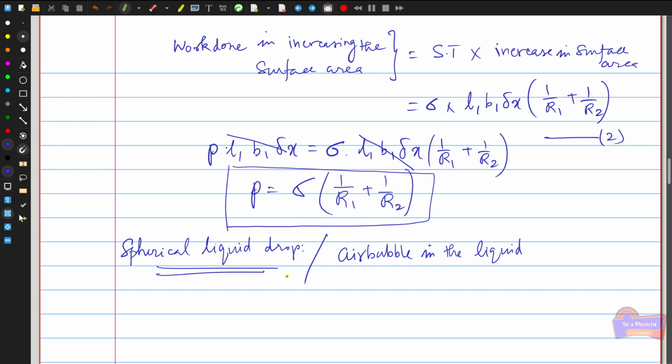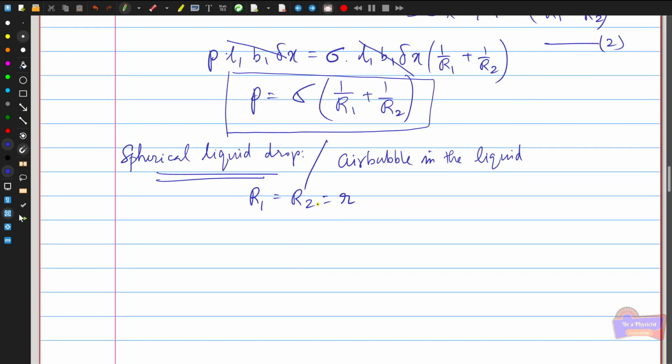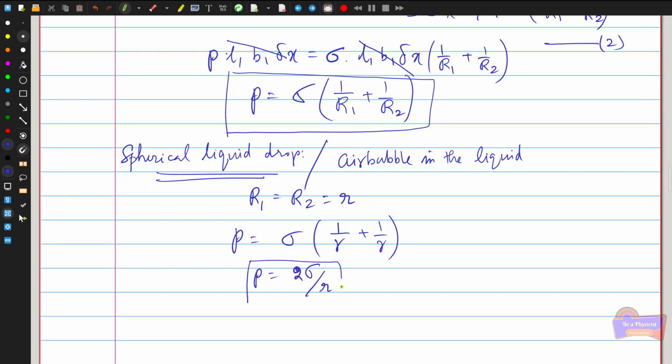It has only one surface, and the radius of curvature is the same everywhere because of the spherical shape. So R1 equals R2 equals R, the radius of the air bubble or liquid drop. Substituting into the equation, P equals sigma times 1 divided by R plus 1 divided by R, so we get 2 divided by R. So P is equal to 2 sigma divided by R, which is what we derived earlier in the previous expression for the liquid drop case.